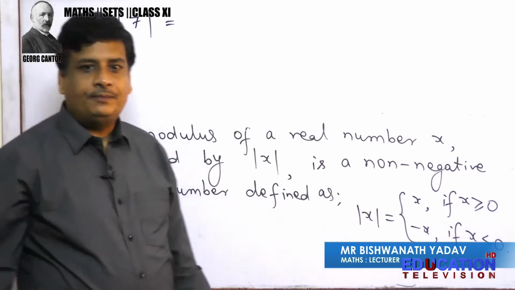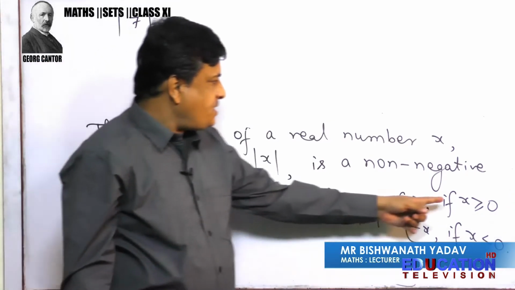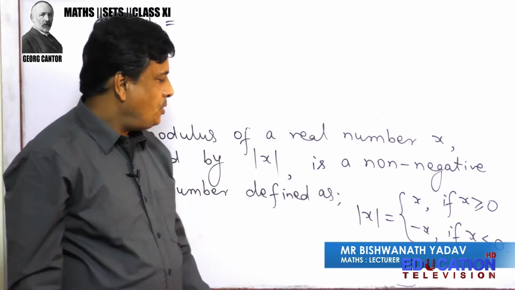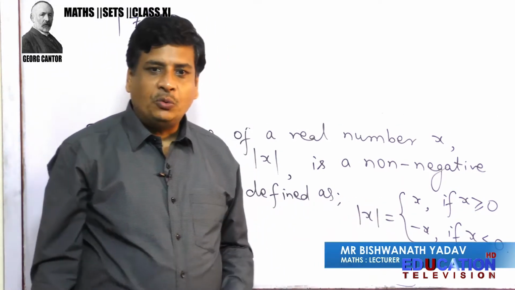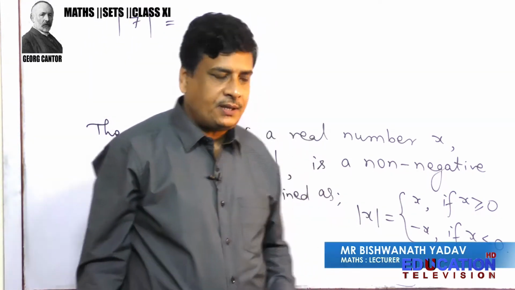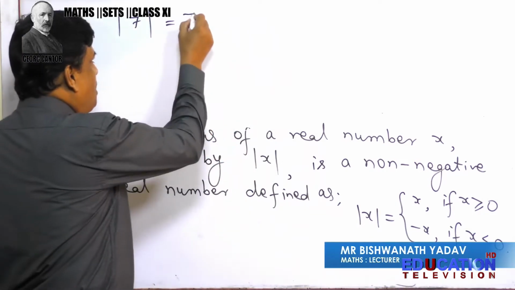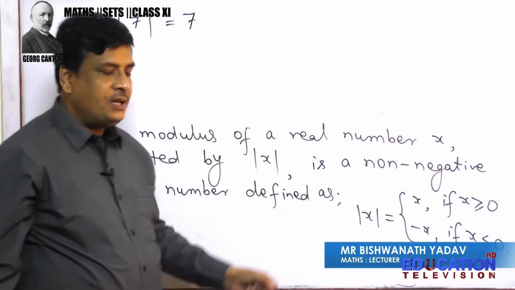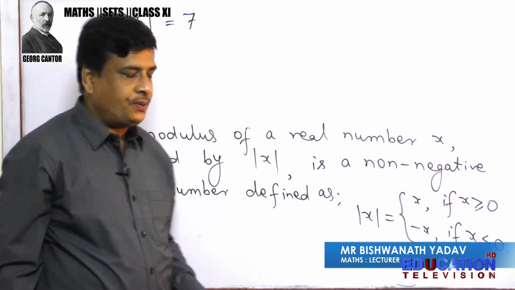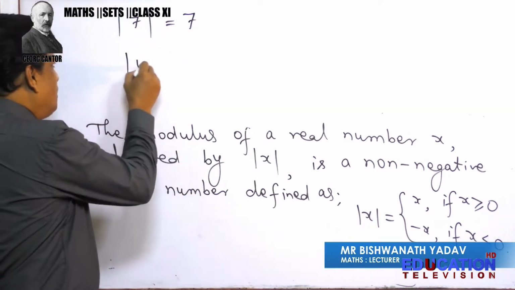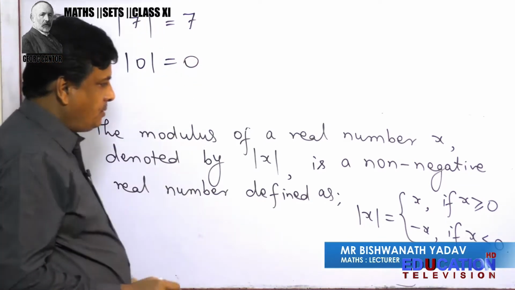Modulus of 7: if x is greater than 0, while finding the modulus, remove the modulus without any change. Modulus 7 is equal to 7 by the definition, as 7 is greater than 0. Modulus 0 is equal to 0.